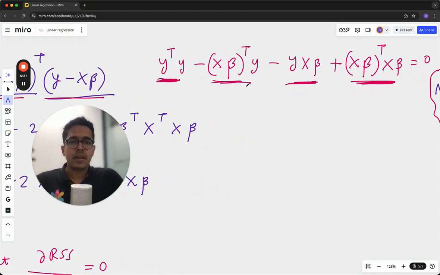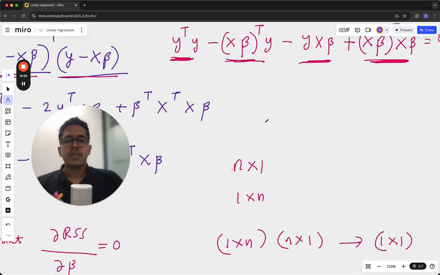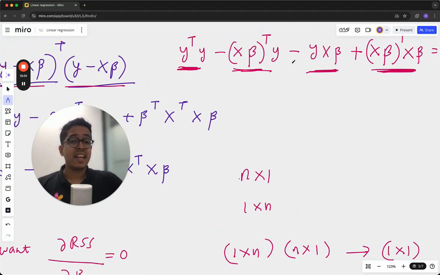As you know, let's say y is a matrix of dimension n by 1. Sorry about the handwriting. y transpose will be 1 by n. Then when you multiply y transpose and y, it will be a multiplication of two matrices of 1 by n and n by 1, and this will result in something of 1 by 1. So all of these are just scalar numbers.